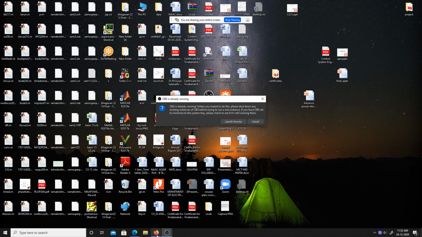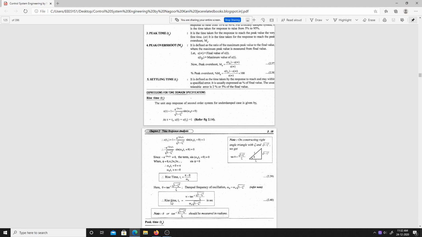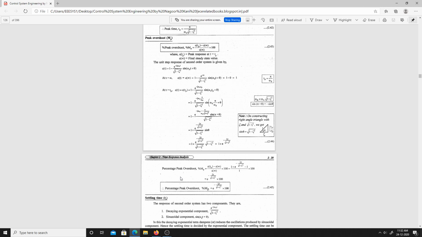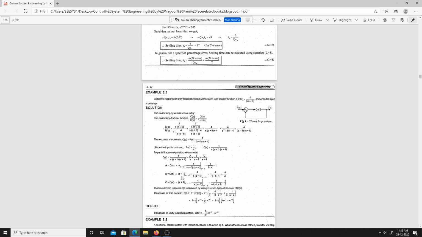Okay, fine. So in the last class, we were discussing the time domain specifications, where we discussed the rise time, delay time, rise time, peak time, and peak overshoot, and we have also seen the expressions for the rise time, peak time, peak overshoot, settling time, and some of the problems regarding this concept, right?